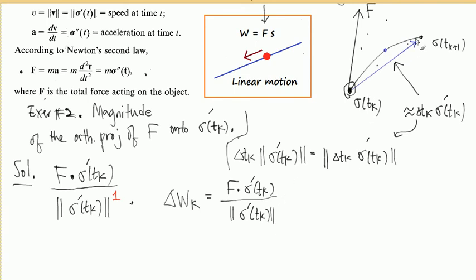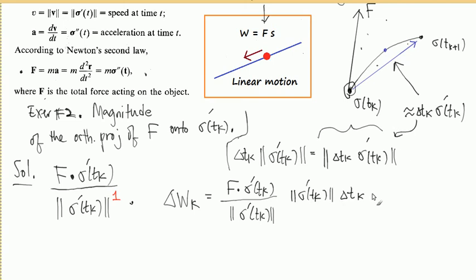What is the length of this vector? We approximate it like this, and it is this version right here. So let me write it like this: sigma prime tk times delta tk. Okay, so you see the cancellation.